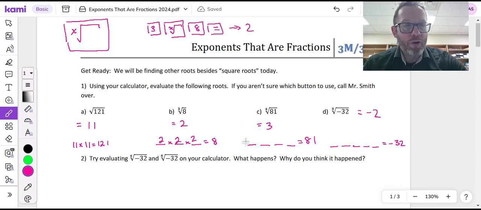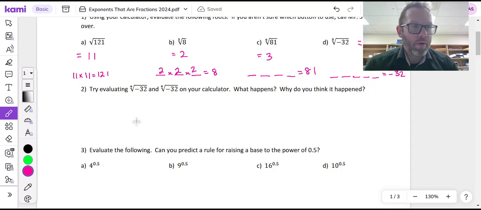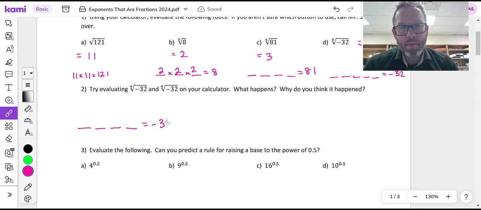Now, if you try some more roots of negative 32, like the fourth root of negative 32 and the sixth root of negative 32, you might get something different. So I would encourage you to pause the video and try those on your calculator and see what you get. I'll assume that if you wanted to, you've done that already. So what is the fourth root of negative 32 asking?